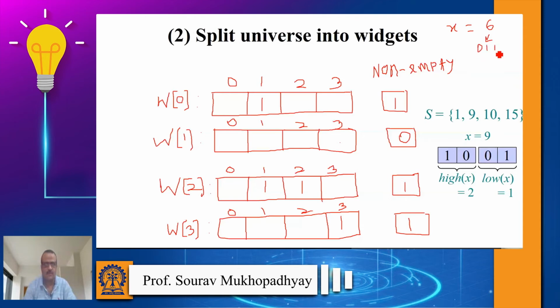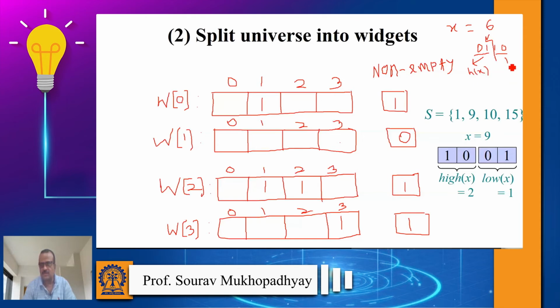Basically, you want to find the position of 6 here in this 2D arrangement. For that, we break it into two equal halves. This is the least significant half, least significant bits, this is the most significant bits. So this least significant bits is our high of x, and the most significant bits is our low of x.